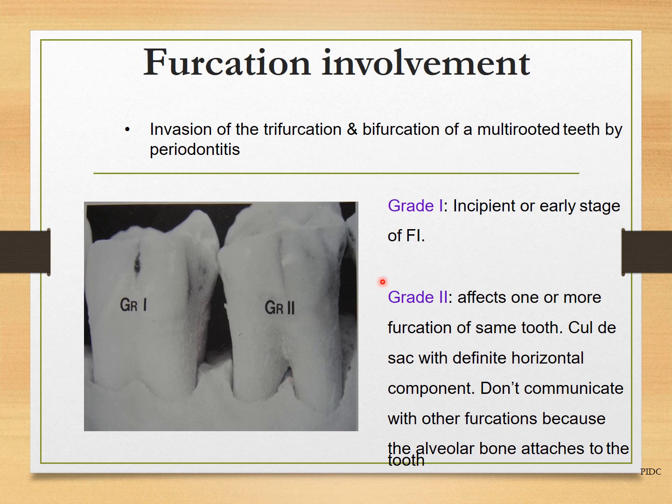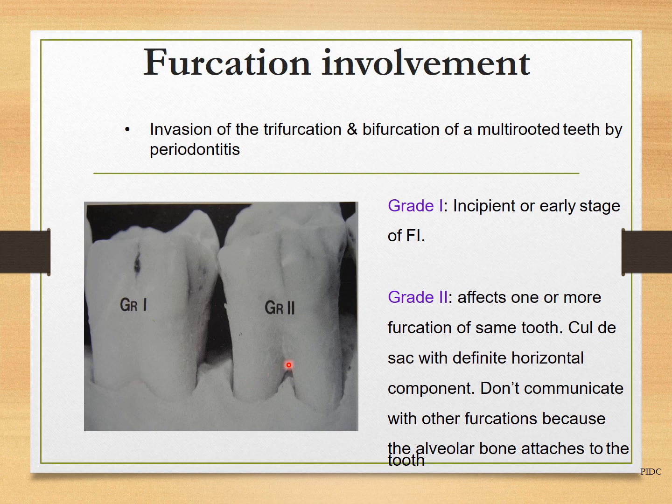It has been graded into different types by Glickman, that is grade 1, grade 2, grade 3 and grade 4. In this picture, grade 1 is the very incipient or early stage of furcation involvement.